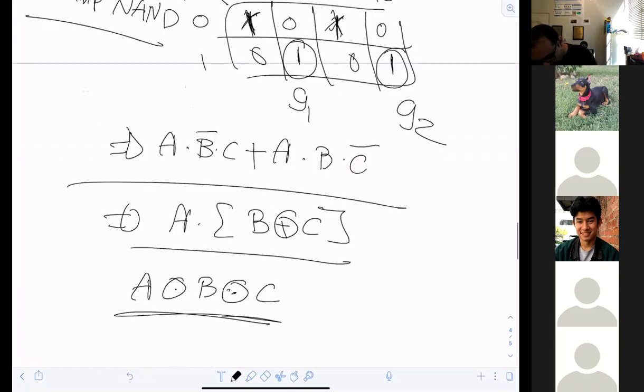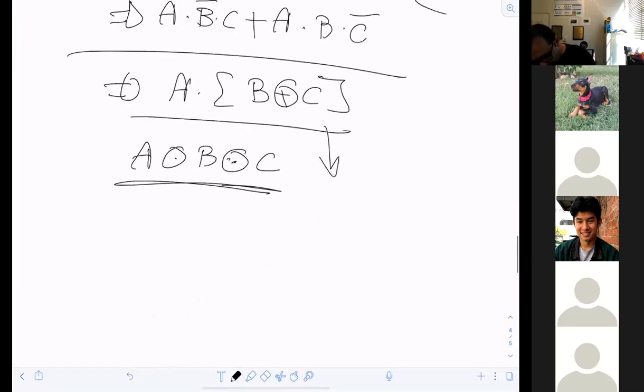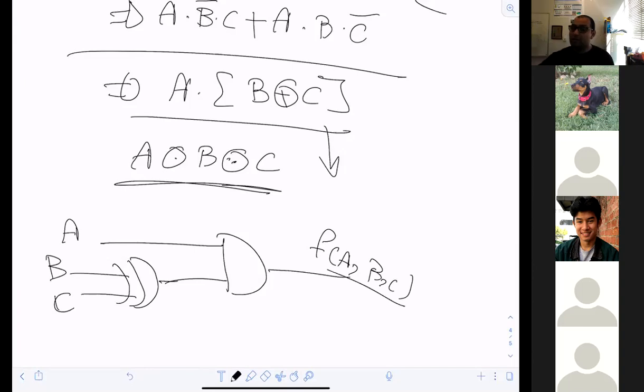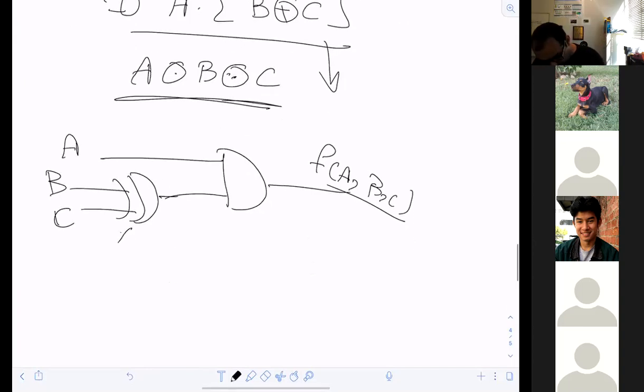So for instance here, this implementation is basically A ANDed with BC, like this. And this is the F. Do you agree? This is your XOR, and this is the AND, right?